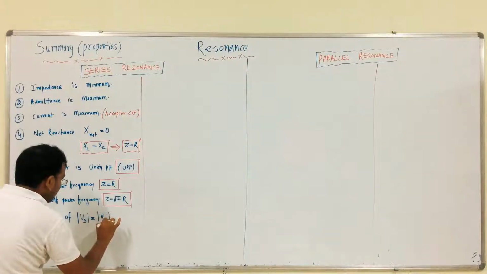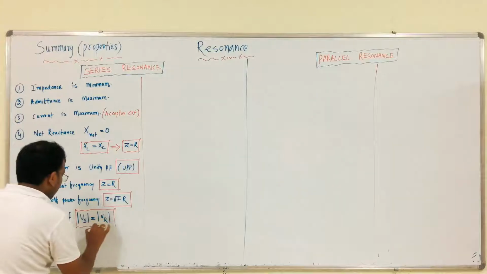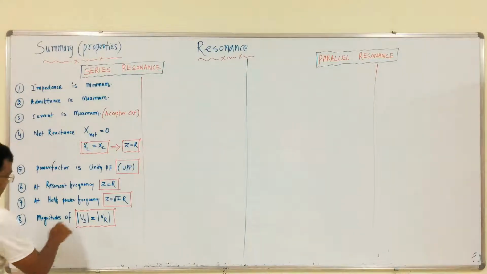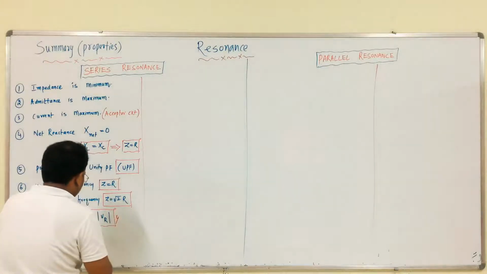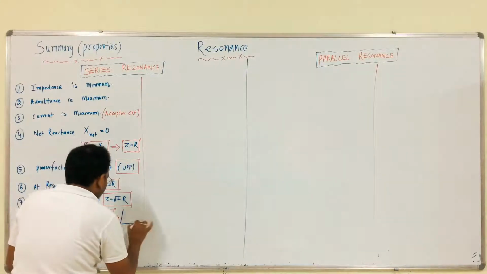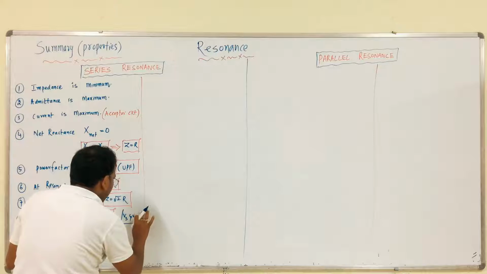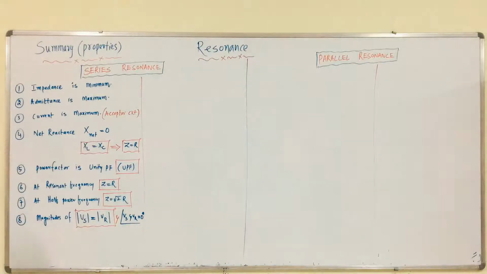Voltage across resistor only, right? And the angle between Vs and Vr should be equal to 0 degrees, right? 0 degrees. Both are in phase.